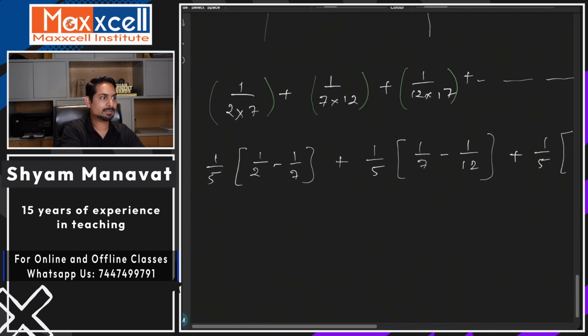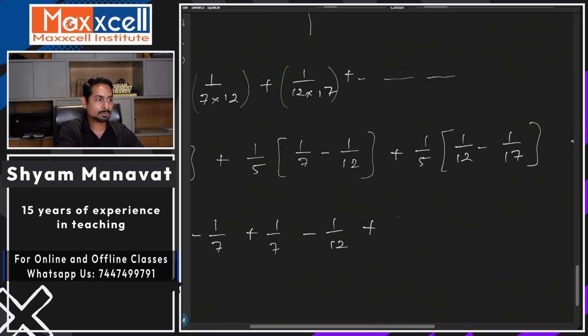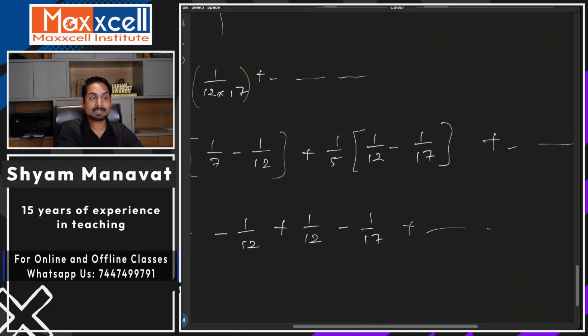Now, if you take again that 1 upon 5, which was a common difference between the denominators, I can take 1 upon 5 common from all, and now I have 1 upon 2 minus 1 upon 7 plus 1 upon 7 minus 1 upon 12 plus 1 upon 12 minus 1 upon 17 plus it goes on.